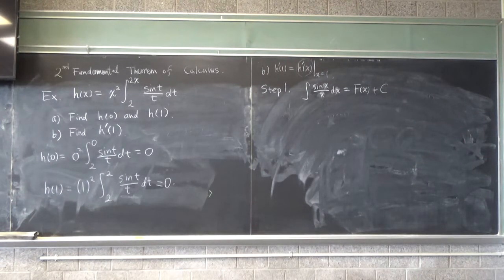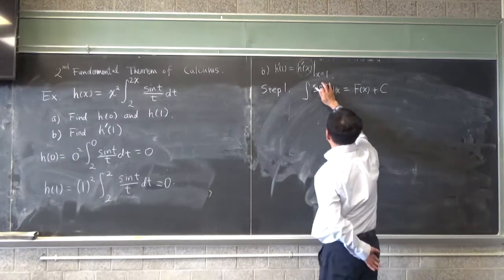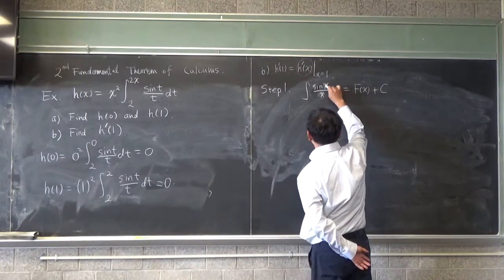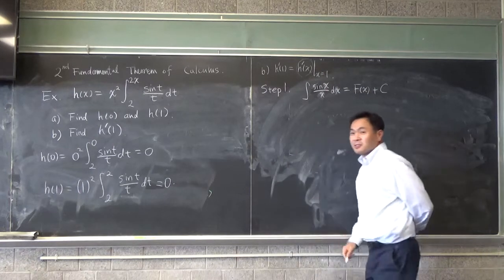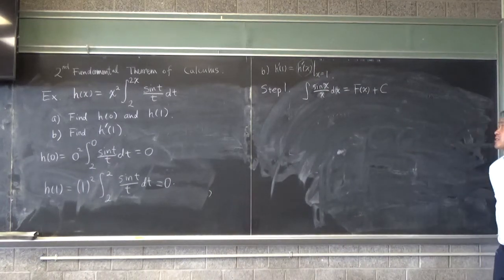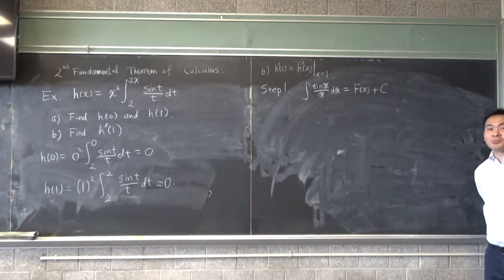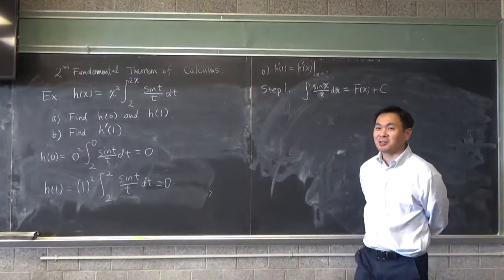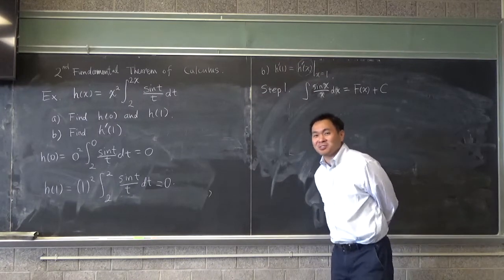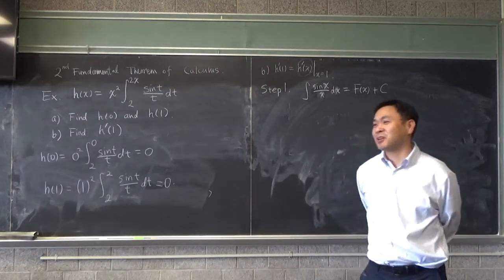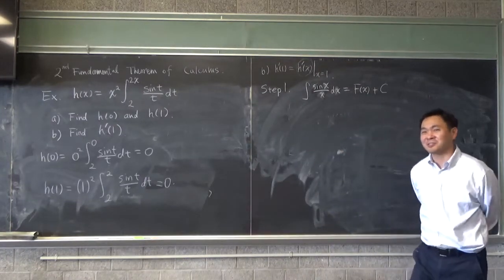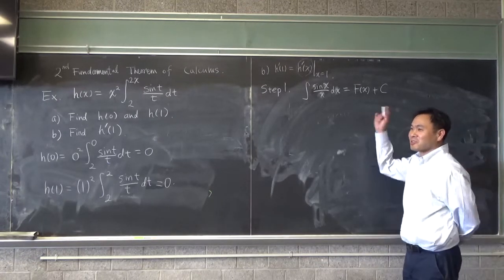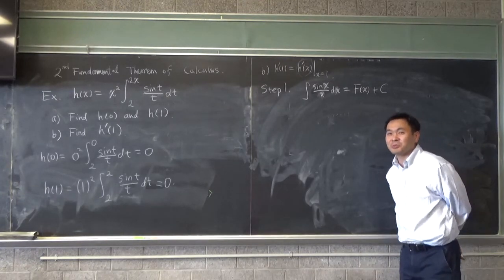So that F of x is the antiderivative of sine x over x. Because we don't know how to do the antiderivative, we'll just give it a name, and we are going to act as if we know it. Fake it till you make it. That's the idea. Just give it a name and then see where it leads.